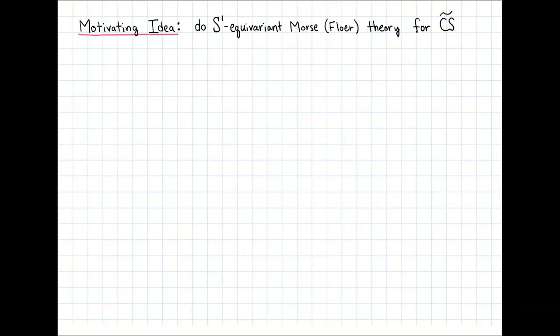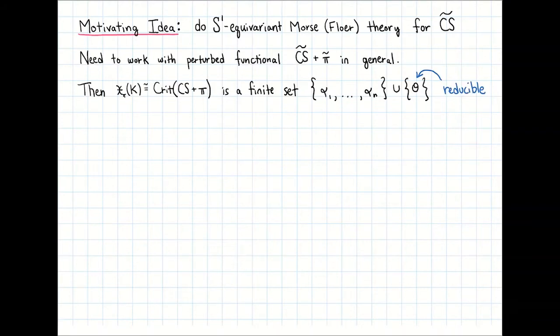Now the motivating idea is to do S1 equivariant Morse Floer theory for this Chern-Simons functional. In actuality, we might need to perturb the functional to achieve some version of transversality. What was once the character variety, after perturbation, becomes a finite set.